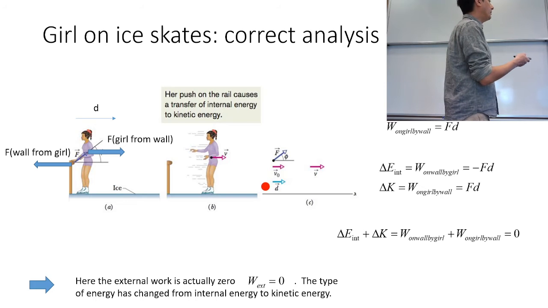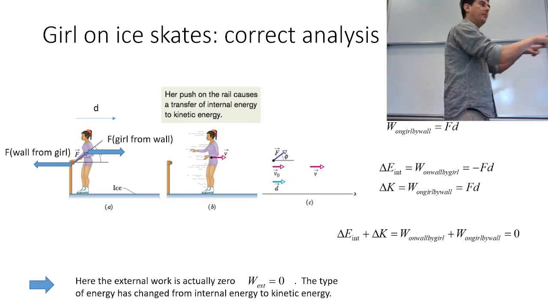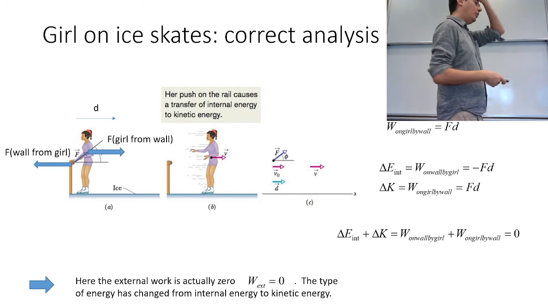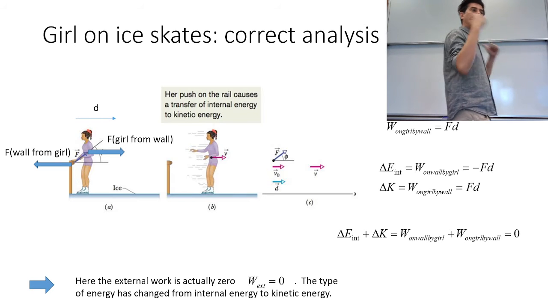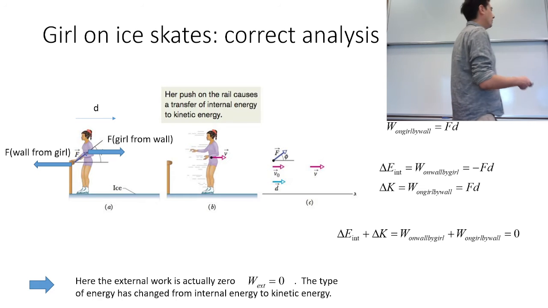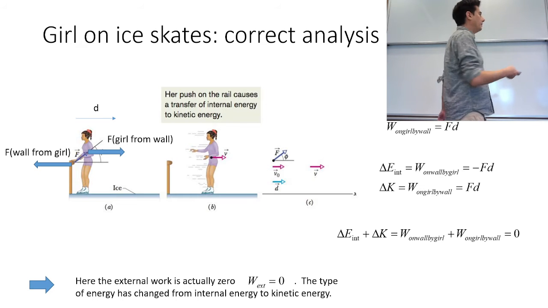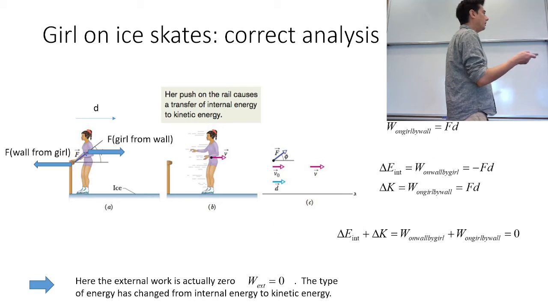Now, if you think about the direction of the force here, this girl is applying a force on the wall, right? And she's pushing in the forward direction, the opposite direction to the direction she's going to travel. Because it's the opposite direction, this one will be minus Ft.